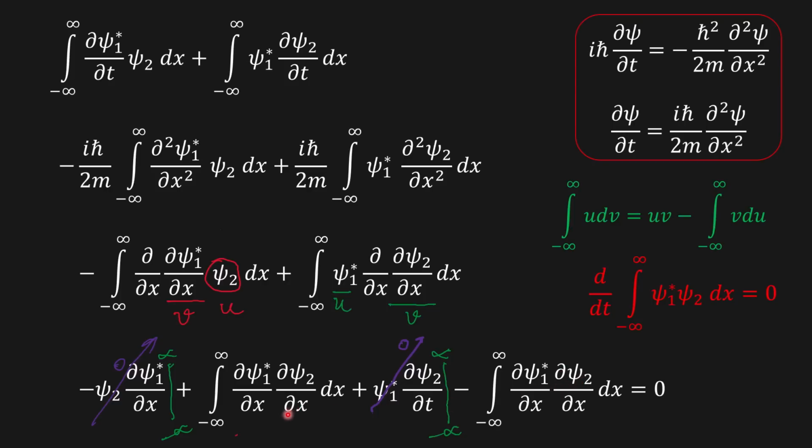So both will get cancelled because this is plus and this is minus, and naturally you will get 0. So we have proved that the time derivative of the integral from minus infinity to plus infinity of ψ1* ψ2 dx is equal to 0.